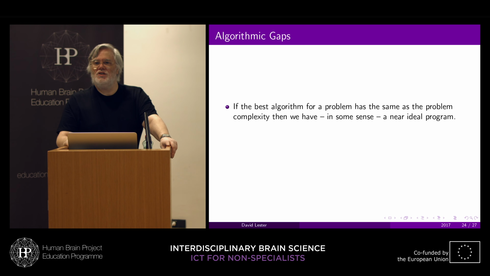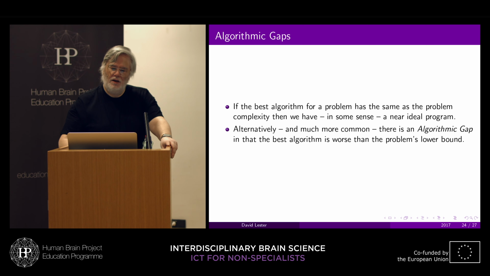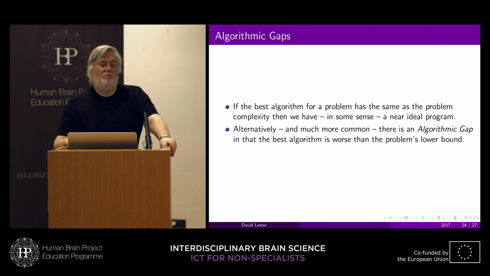I should caution you that this doesn't happen very often. For the vast majority of programs and problems, there is always an algorithmic gap. So that's much more common. It's not a problem. It suggests one of two things.